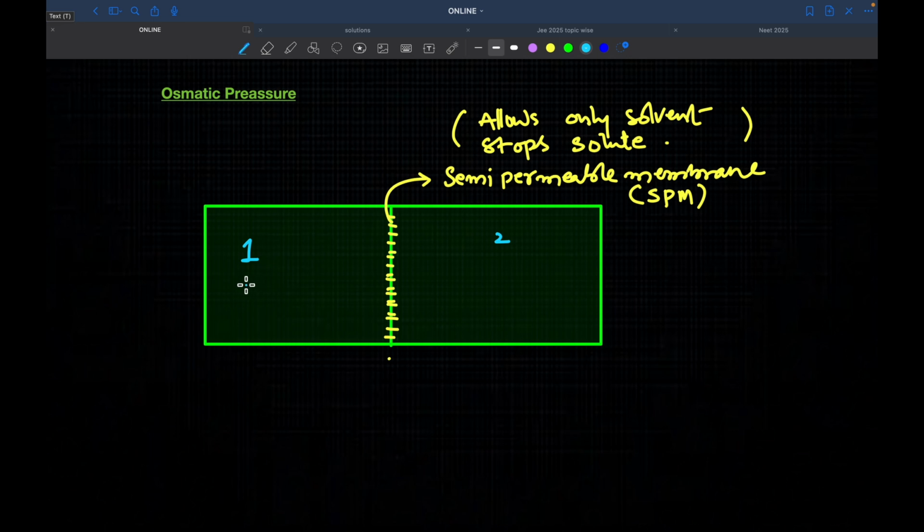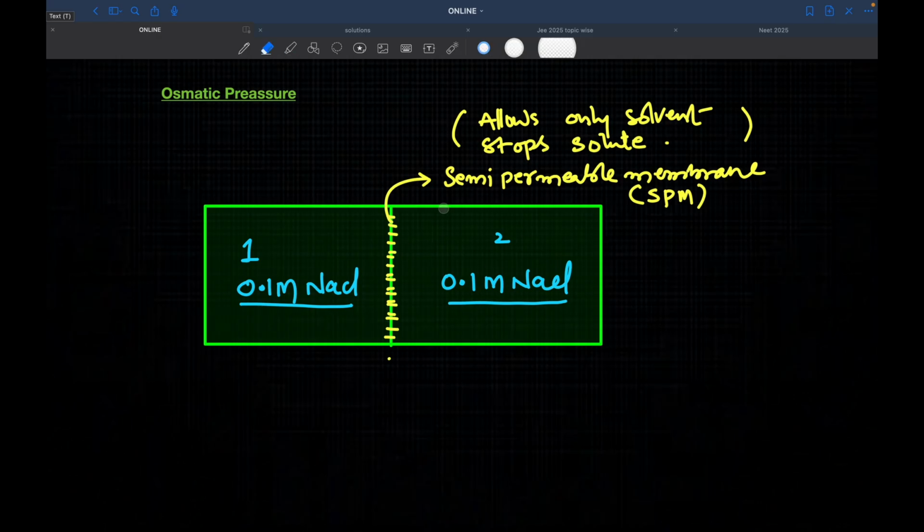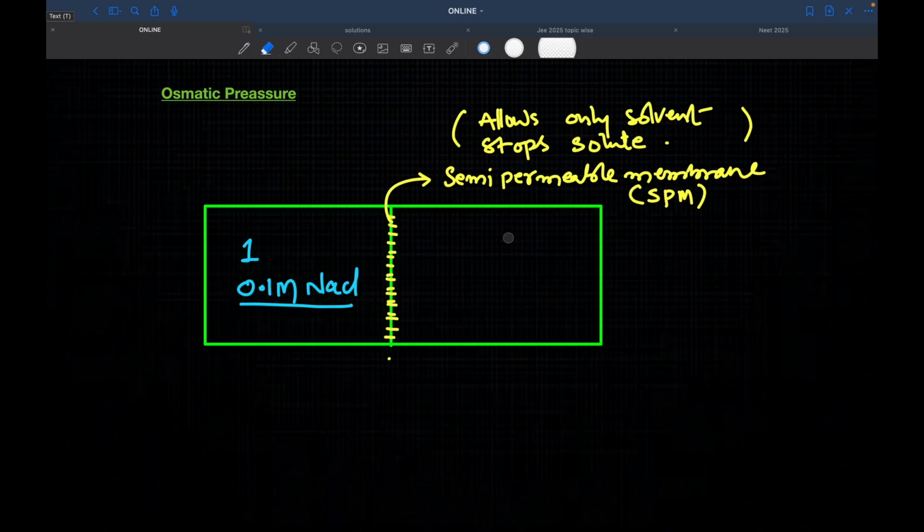Here I have filled 0.1 molar NaCl, and here I have filled the same solution, 0.1 molar NaCl. Since both have the same concentration, nothing happens here. But I will change the concentration of one chamber now. Here I have made it 0.01 molar NaCl solution.